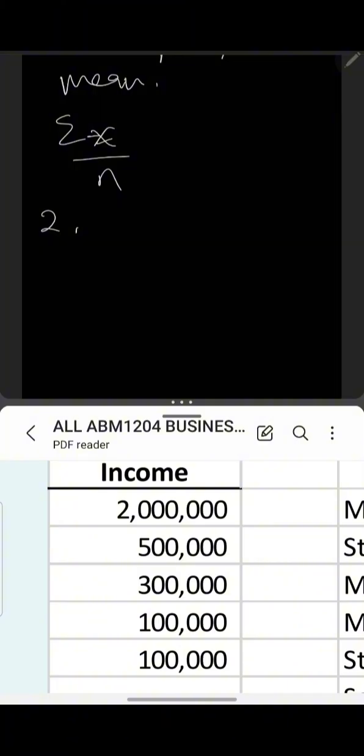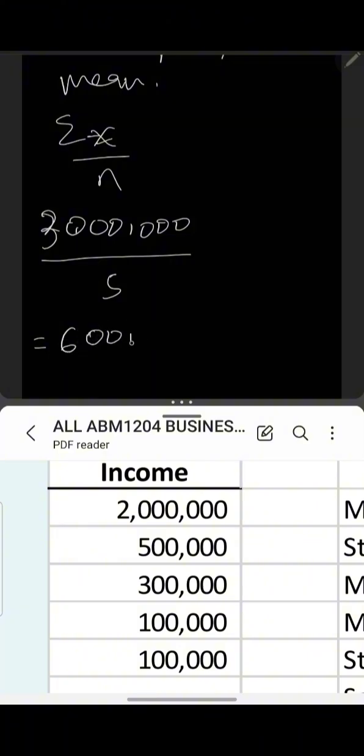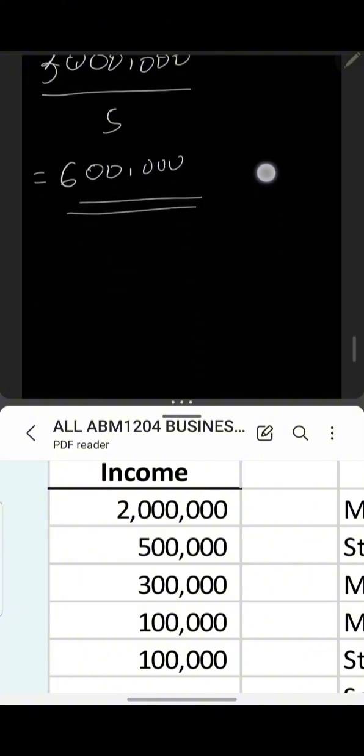That gives you 3 million. So the summation is 3 million. Divide by 5. That's 600,000. That's the mean, 600,000.